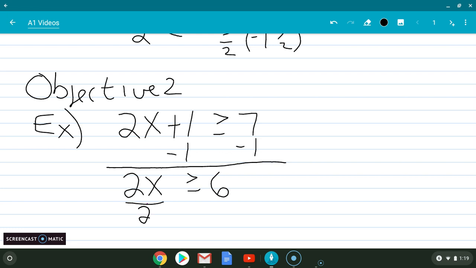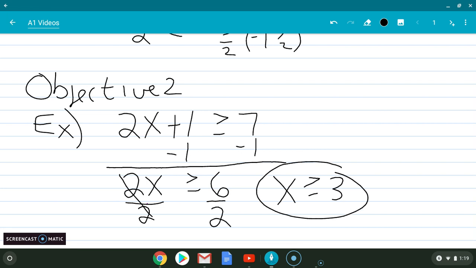Now I'm going to divide both sides by 2, and I'm left with x is greater than or equal to 3. Since I multiplied by 1/2, which is the same thing as dividing by 2, and it's a positive number, I don't have to worry about changing the inequality sign. So to make this statement true, all I need to make sure is that whatever I plug in for x is 3 or greater, and that will always make that statement true.